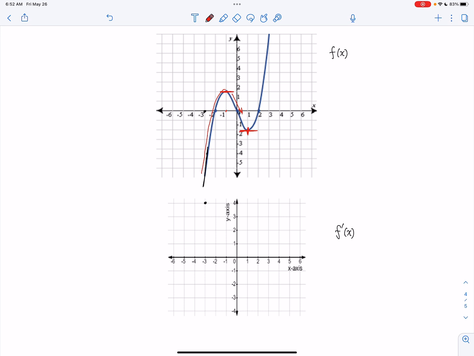So again we get a few key values. From here to here, the derivative is positive. Between -1 and +1, the derivative is negative. And then between 1 and 3, the derivative becomes positive again.